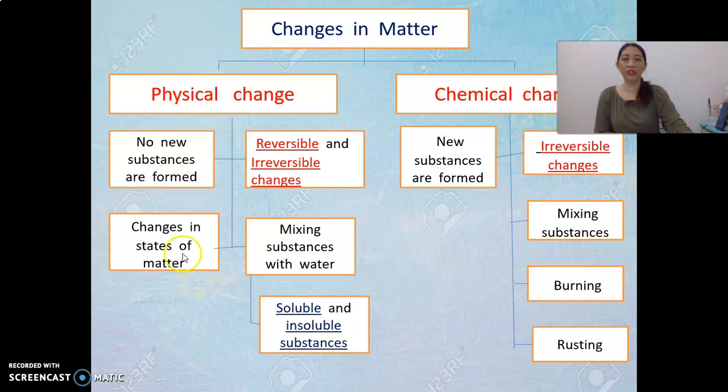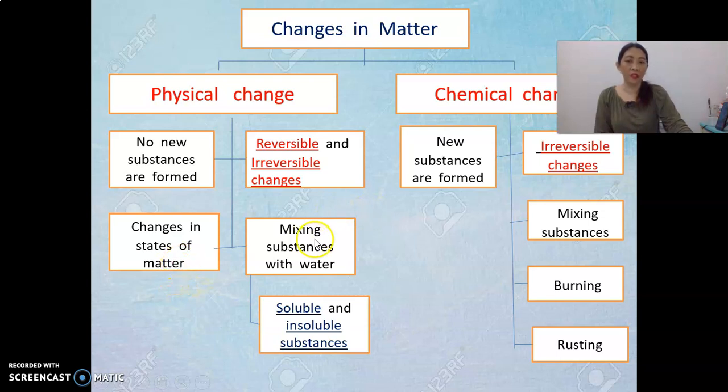For physical change, no new substances are formed. Physical change can be reversible or irreversible. Changes in state of matter.